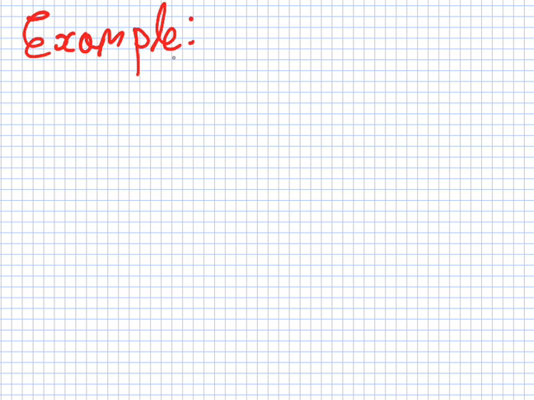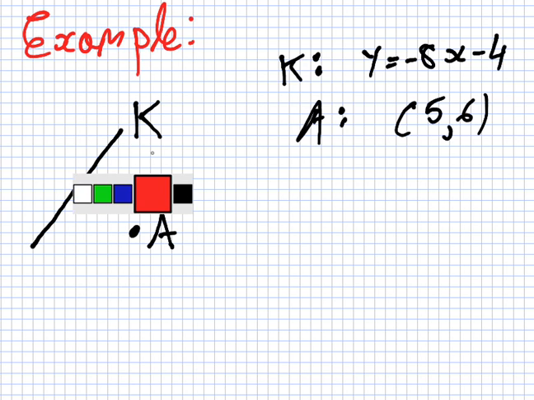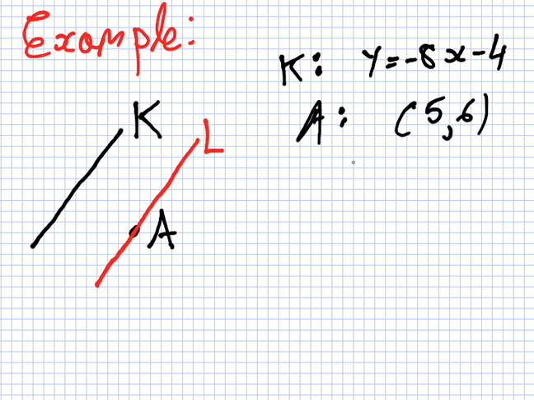In this example here is line K, I call it K, and here is point A. And I tell you that K is y equals minus 8x minus 4. And A, I'll say, is (5, 6). And my question is, what is the equation of this line, L? And I tell you that L is parallel to K.